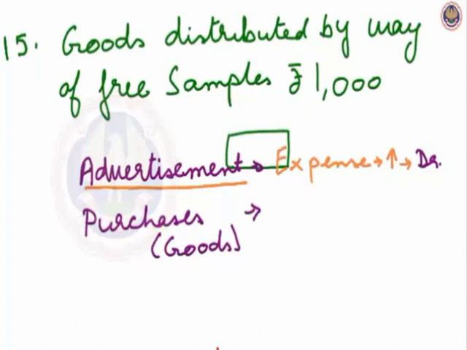In case of advertisement, we are giving free samples. So there is an outflow of goods totally at free of cost. So we will be using the term as purchases. So it is nothing but decrease in the amount of expense. So here expense is decrease, and we know decrease in expenses nothing but credit. So we will take into account the journal entry itself.